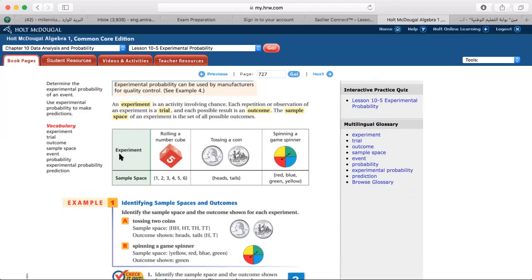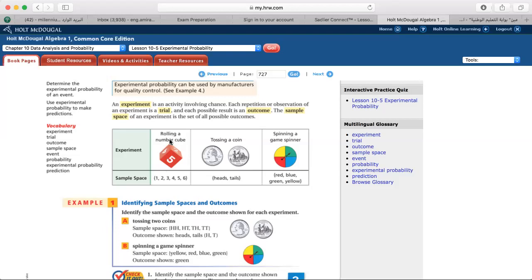Okay, I have here three kinds of experiment, like rolling a number cube. The cube has 6 sides, and each side has a number.